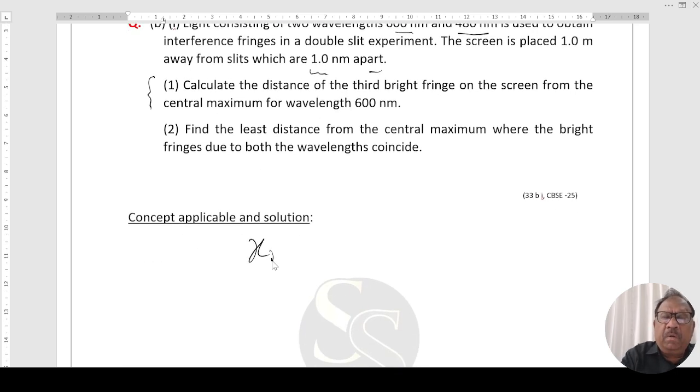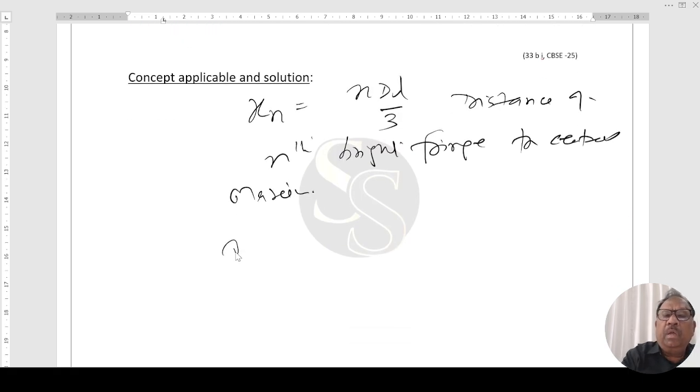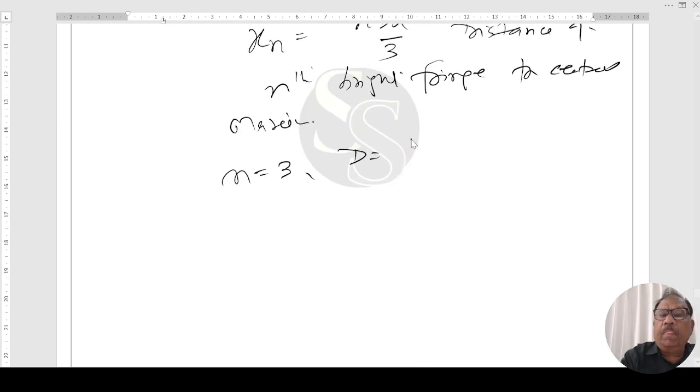So x_n equals n D lambda over d, the distance of the nth bright fringe from the central maximum. In this case, n is 3, and d is given to you. The screen is 1 meter apart, so D is 1.